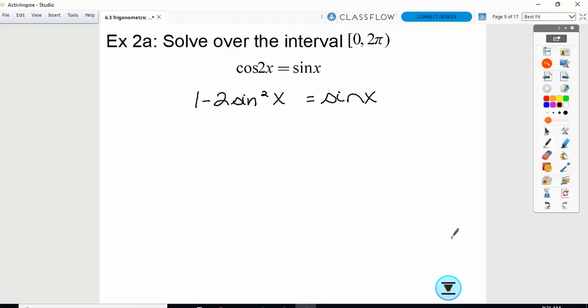All right. So then from here, this is like a quadratic, so let's move everything to one side. I want my squared term to be positive, so I'm going to add over my 2 sine squared x and subtract my 1. What would I need to do at this point?